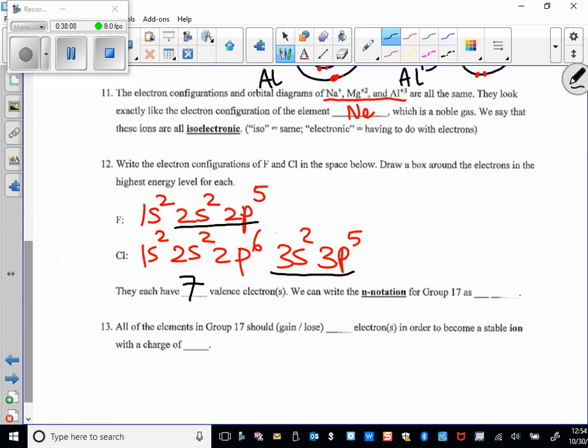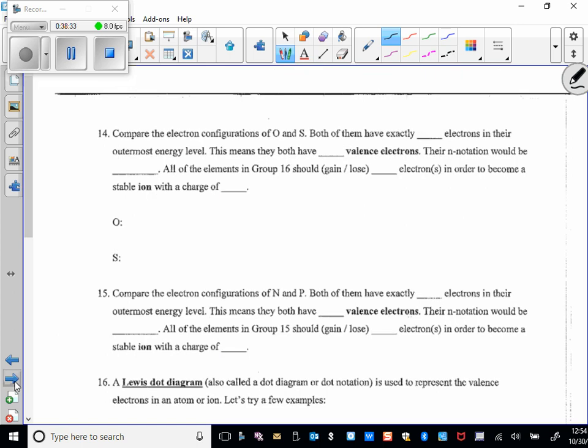So what is their N notation? NS2 NP5. What do group 17 elements want to do if they have 7 valence electrons? Gain. How many electrons? 1. If they gain 1, what is their charge? -1. They gain only 1, so it's going to be -1.